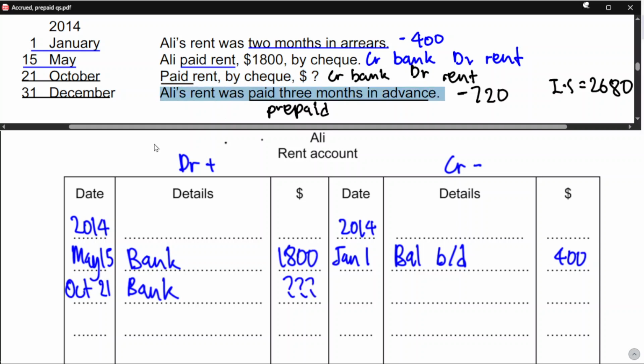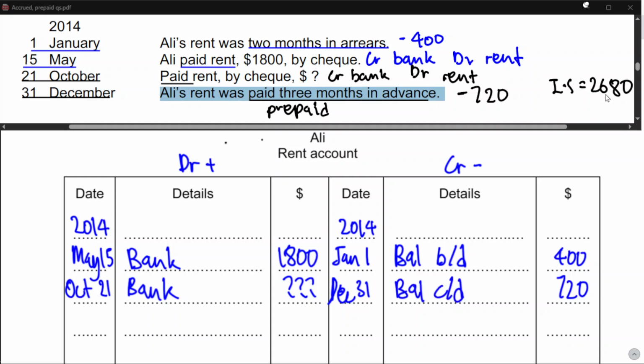Fourth line will be minus 720, minus 720 by 7, last day, so it's balance CD.